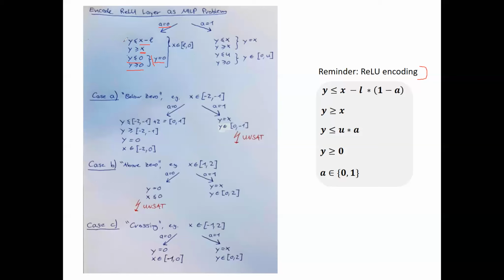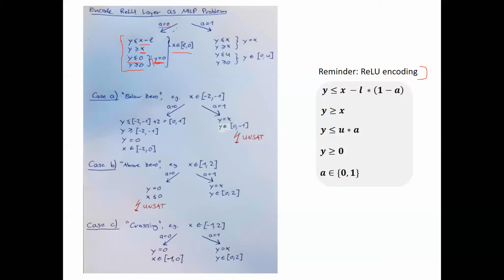So x is greater than or equal to 0 plus l, and so x is greater than or equal to l. So from this instantiation, we end up with the case where x is between l and 0 and y is 0. This is going to generate one LP instance, one linear programming instance, instantiating this branching variable a to 0.